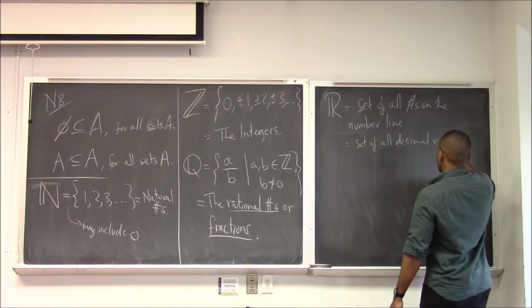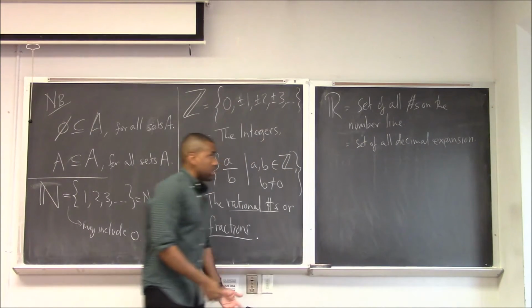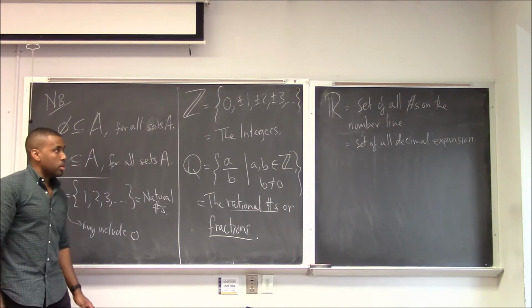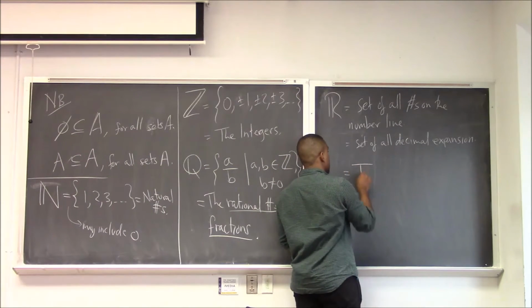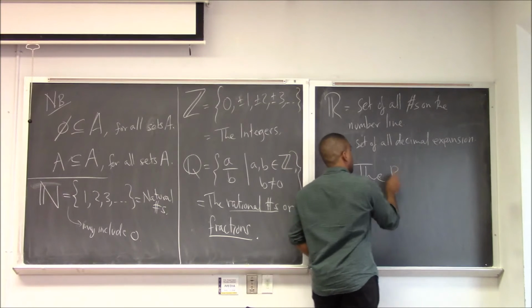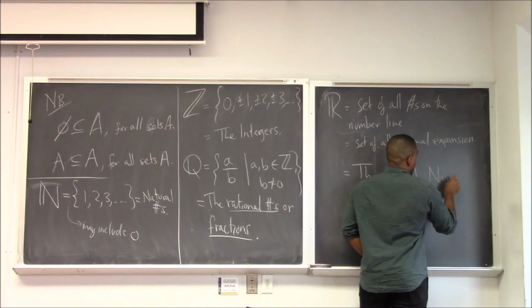We're never going to define this set precisely in this class, but it has an intuitive feel to it. Hopefully you all know what the real numbers are. It's called the real numbers. Yeah, they're fake numbers. No, it's just called the real numbers.